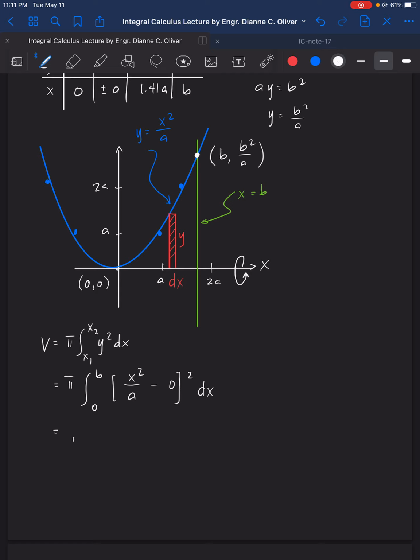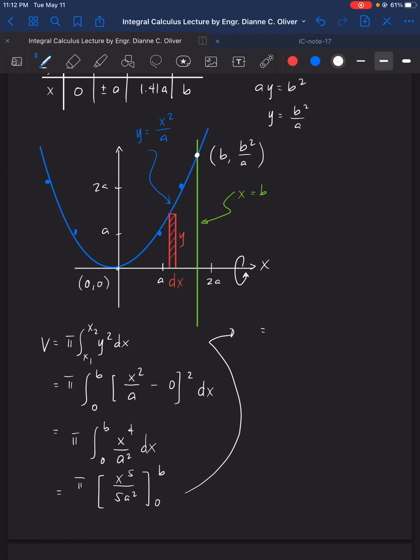So that is equal to pi integral of x raised to 4 over a squared dx, 0 to b. Therefore, we have here pi x raised to 5 over 5a squared, 0 to b. Let's continue the solution here.